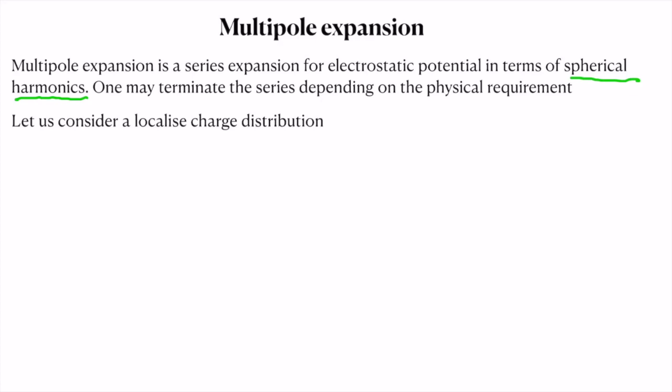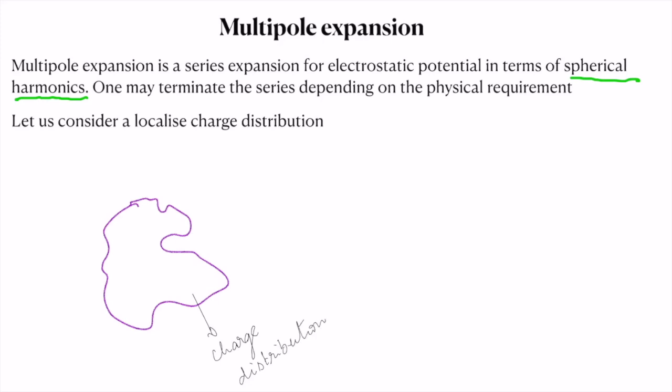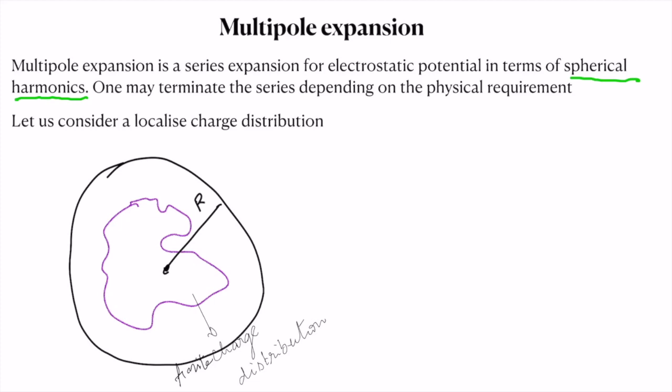So let's consider a localized charge distribution, and it can have any shape. So this distribution is localized, to say that the charge density is entirely confined to a spherical region of radius r, and outside this region the density is 0.